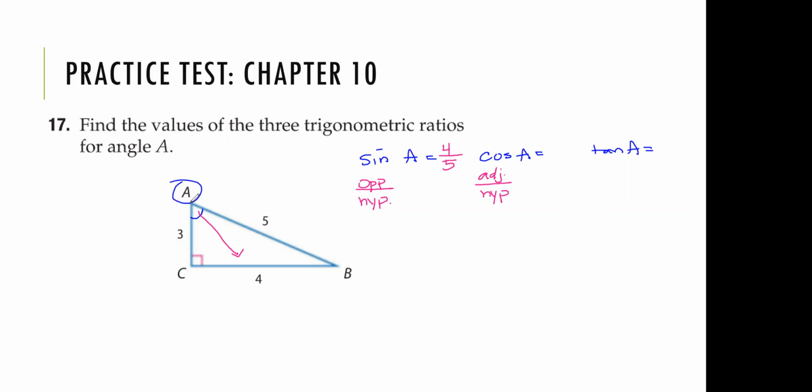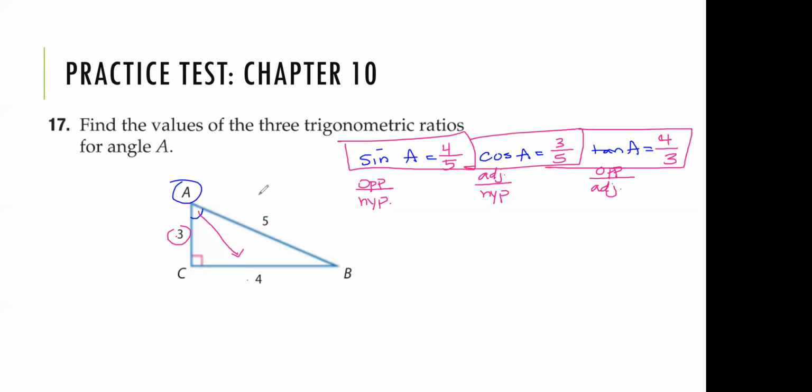So adjacent, it would be right here at 3, and again, the hypotenuse is 5. Tangent is opposite over adjacent. So opposite is 4, and then adjacent is 3. Okay, so those are our 3 values there.